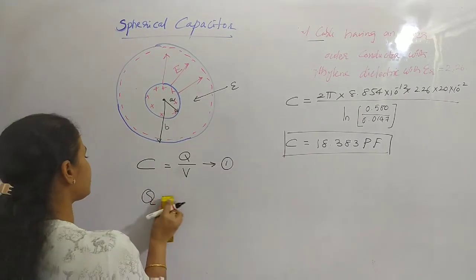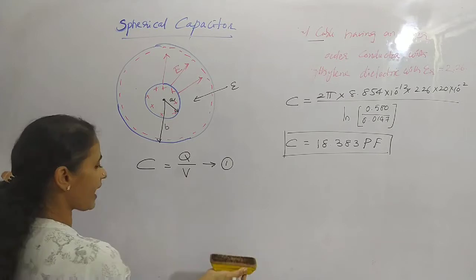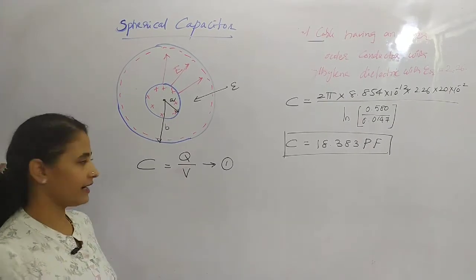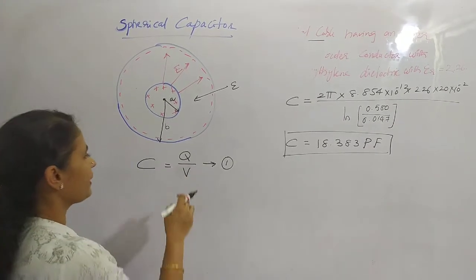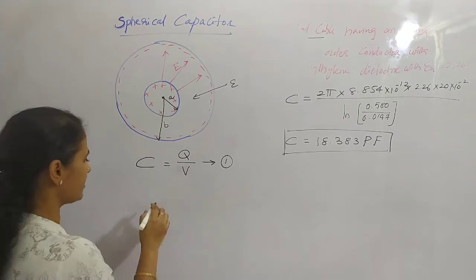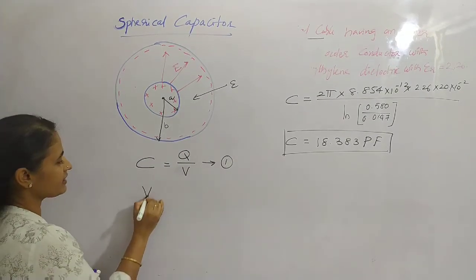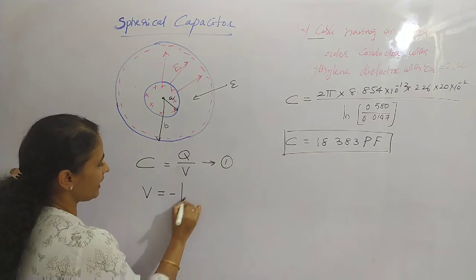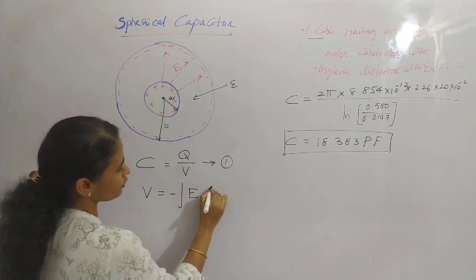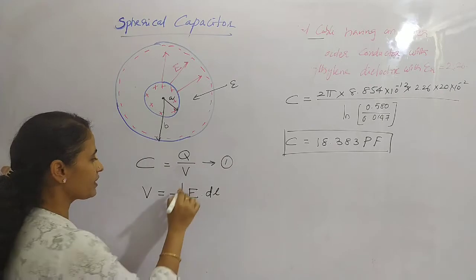Let the Q remain as Q only. Let us find the V individually, then we will substitute keeping Q as it is. What is V? V is minus integral of E dot dl. What is this E?